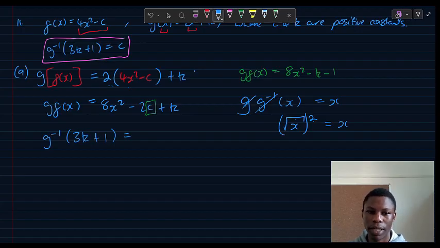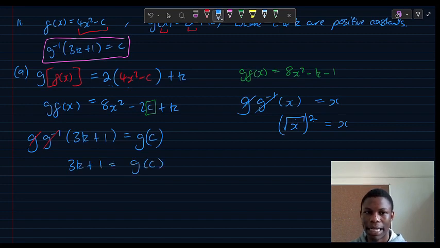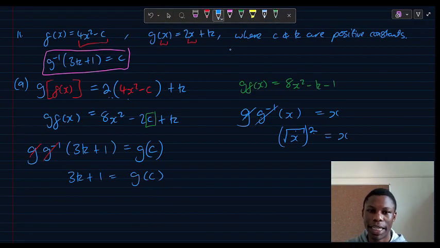So here we have that g inverse of 3k plus 1 is equal to c. I can apply g to both sides so that I can cancel out g and g inverse on the left. And I've got 3k plus 1 is equal to g of c. And this helps because I can evaluate g of c using my g of x function. G of c is just going to be replacing the x with c.